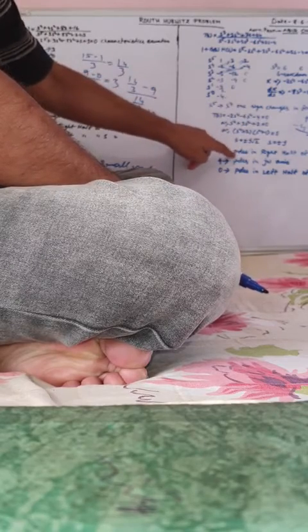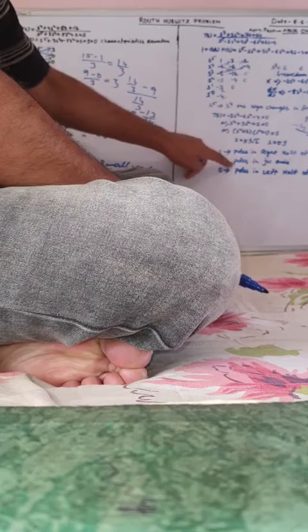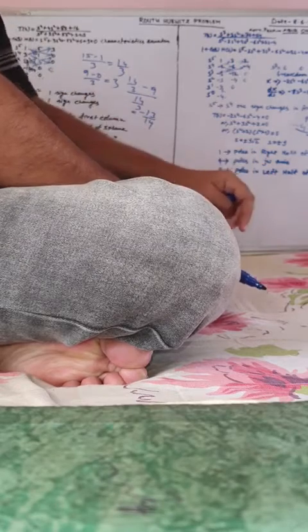1 pole at the right half of the S plane, 4 poles are on the j omega axis, and no poles in the left half of the S plane.